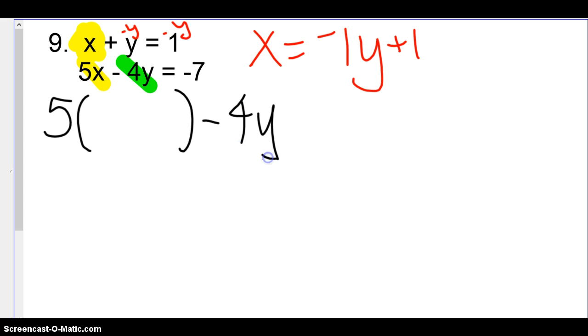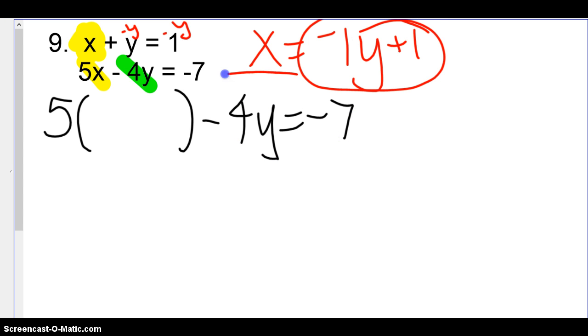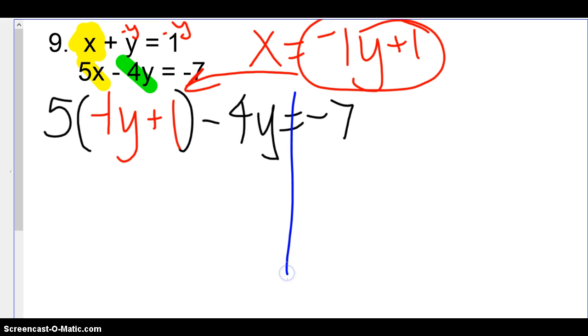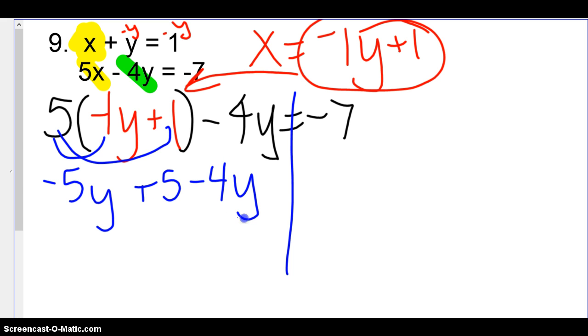Minus 4y equals negative 7. Now I'm going to take this thing and substitute it back in. Negative 1y plus 1. Okay, so distributive property. 5 times negative 1, negative 5y plus 5 minus 4y equals negative 7.